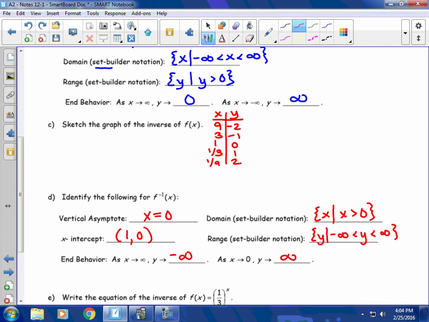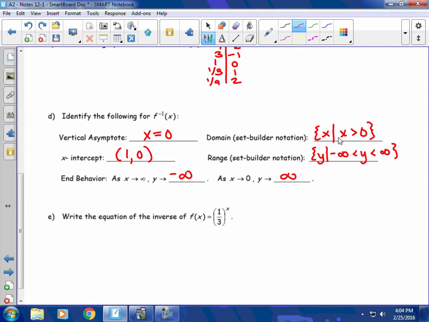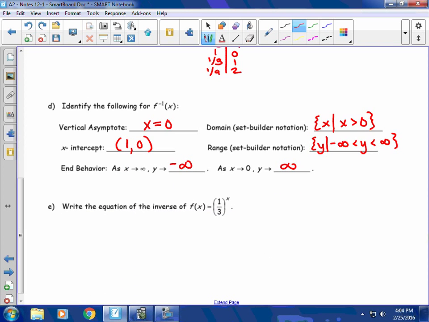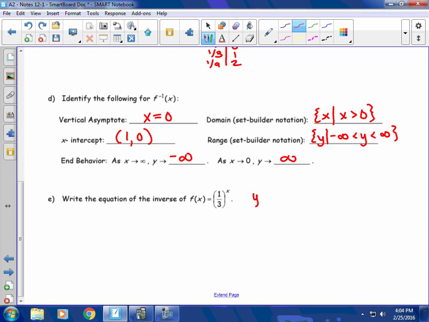All right, and then finally, write the equation of the inverse function. When you see these, immediately change this to say y equals (1/3) to the x. Then do what? Flip x and y. x equals (1/3) to the y. Then what? We've got to get rid of this 1/3 so we can get y alone. So what does that?